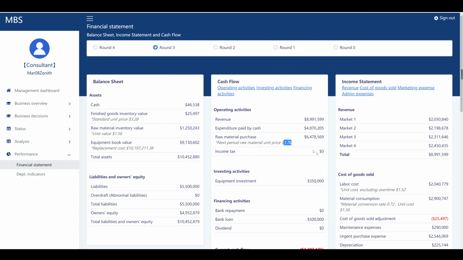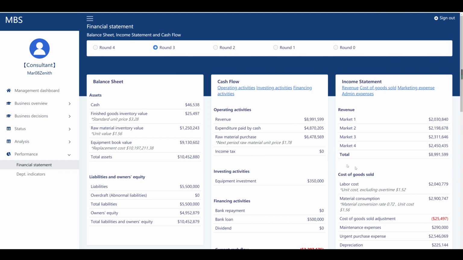And the material consumption for Zenith is 0.72. That means for each unit of the product that we manufacture, we need more than 1 unit of the raw material. And that is close to 1.5 unit of the raw material in this case.